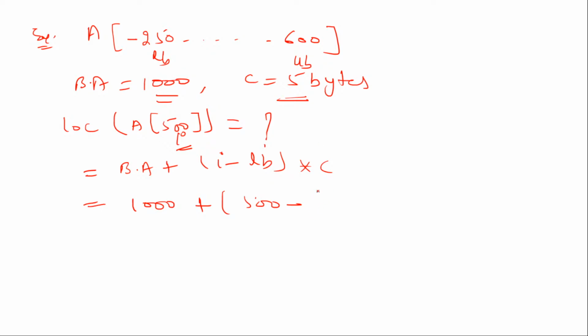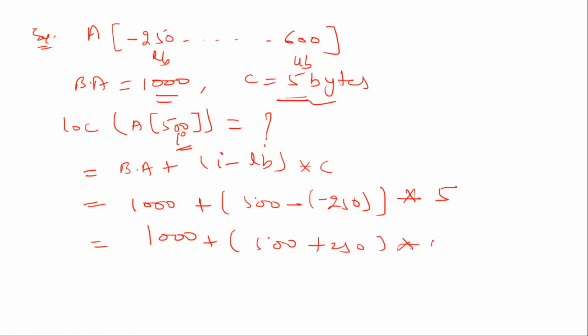Minus 250. Minus 250 into C. What is the value of C? 5. 1000 plus 500 plus 250 into 5. 1000 plus 750 into 5.